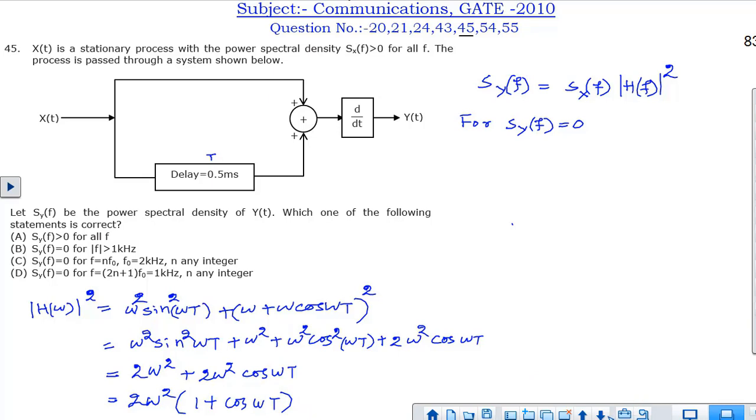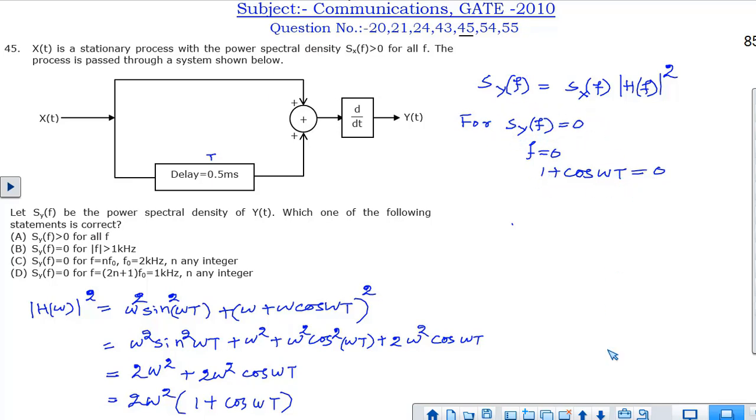So in the first case, if the frequency is becoming 0, that is f is becoming 0, then this part is becoming 0, then the whole part is becoming 0, so that the output power spectral density will be becoming 0. And in the other condition, the other part, that is 1 plus cos omega t, if this part is becoming 0, then also the output power spectral density will become 0.